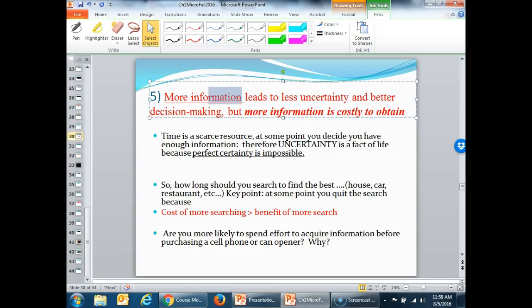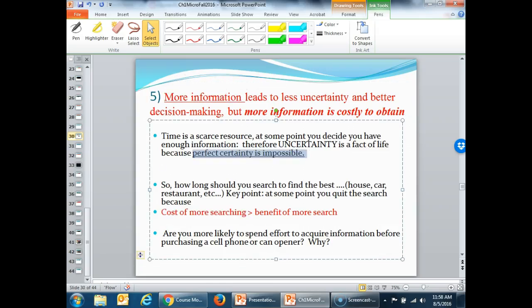Information is important, but we're never going to have perfect certainty. We will never have perfect certainty because it's too costly. So that's kind of the idea, that search cost is very important. It's very important in marketing and branding and those sorts of things that we'll see in a minute. And also, getting more information, reducing uncertainty does have a cost. You're giving up something as a result of it. So you're going to equalize the extra benefit with the extra cost of searching.